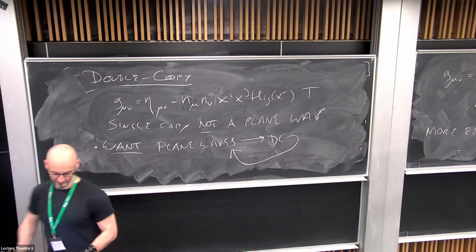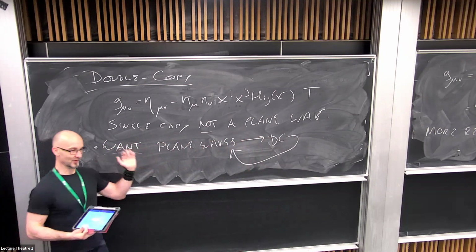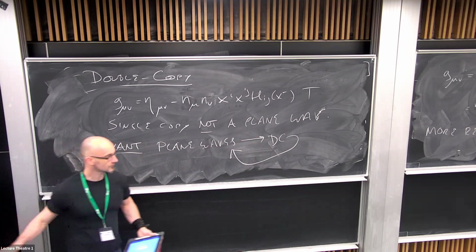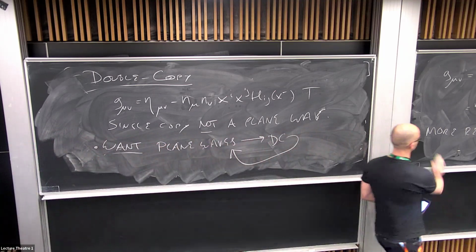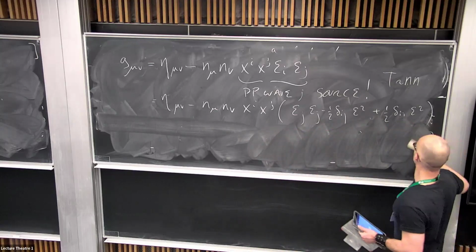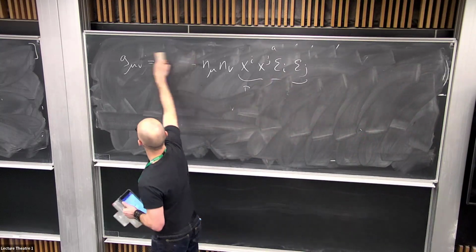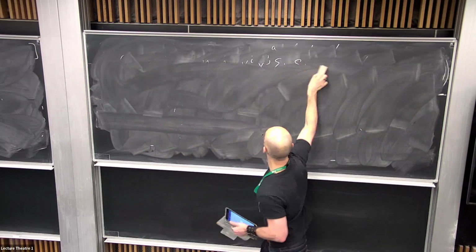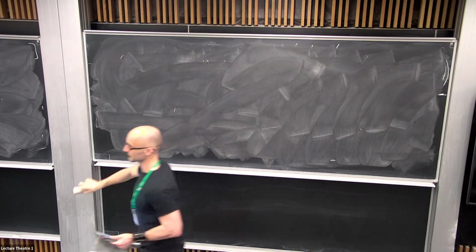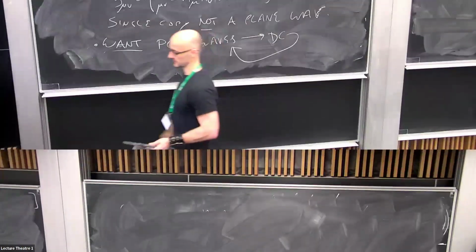So you want plane waves to double copy to plane waves, right? Or rather, you want scattering amplitudes and observables constructed from them to double copy. Maybe we're not so interested in classical solutions, maybe we're more interested in amplitudes.